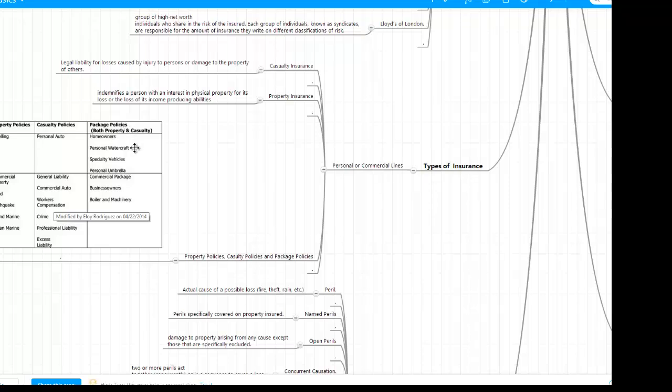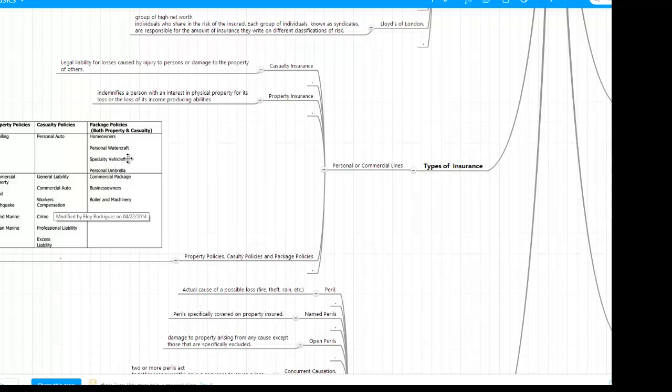So now these are packages where they're put together. A homeowner's package will put together liability for somebody getting hurt on your property with fire and other perils that are covered. So that's a package. You have one for personal watercraft, covering the property and if someone gets hurt.